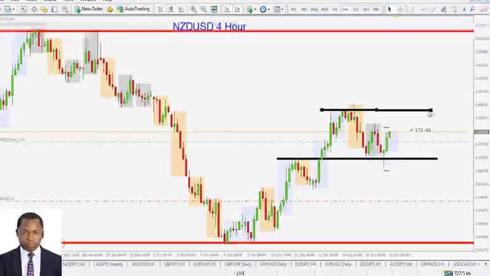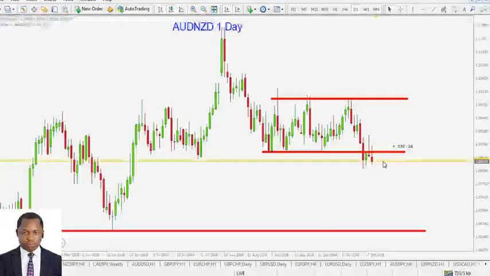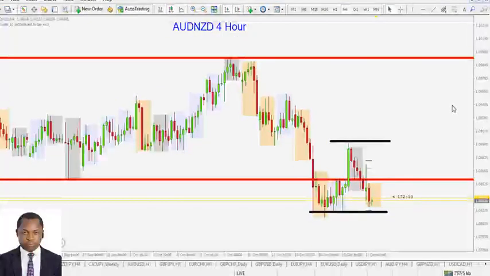Okay, all right, next pair is the Australian dollar against the New Zealand dollar. In this pair, price is actually turning to the downside, but the turn is really not a good one for us to jump in. That pin bar is just too long. The market volatility around that area is so abnormal, so we are not really liking the type of price action that we are seeing here.